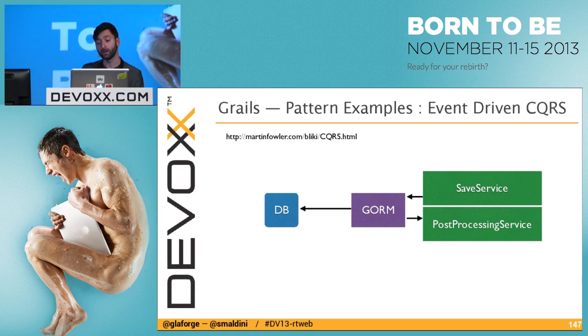Because of GORM, which is, as you know, the database abstraction in Grails, GORM is sending events every time you save, every time you read, every time you hit the database, in fact, you have an event. Well, with Reactor, you can catch these events and do things. For instance, a save service is going to save your data, a user for instance. And the post-processing service is just, in fact, a consumer listening on an after-insert selector, after your data is inserted. So you have this decoupling, which is explored in CQRS. I invite you to read it. Quite interesting.